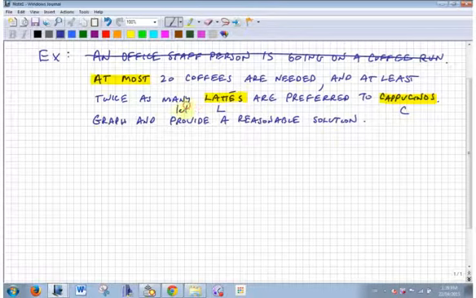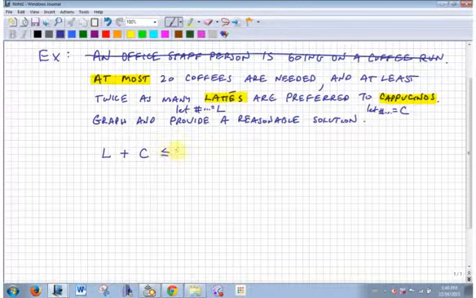So let number of lattes be L. Let number of cappuccinos be C. Okay, I need at most 20 coffee. Could be 20, could be less than that. So that means the number of lattes and the number of cappuccinos, what do I want here?